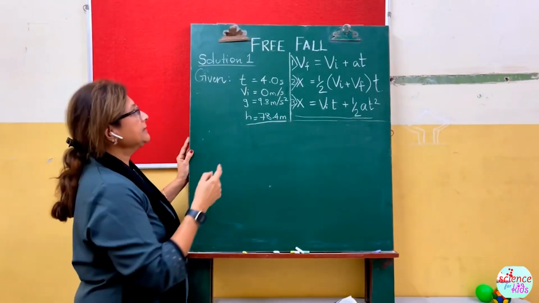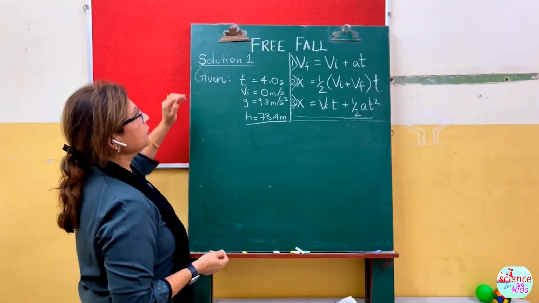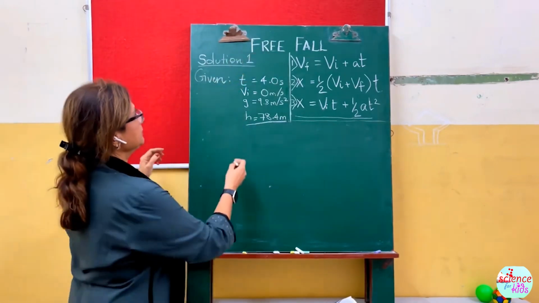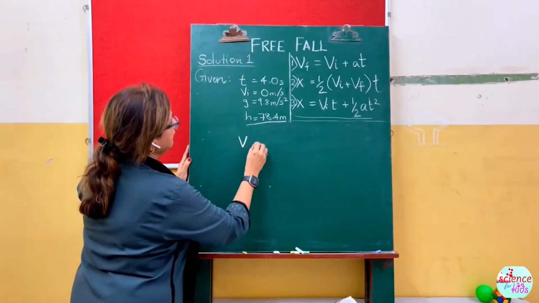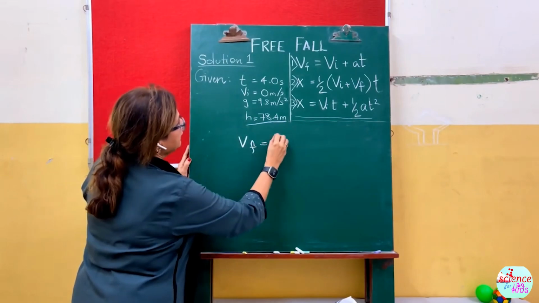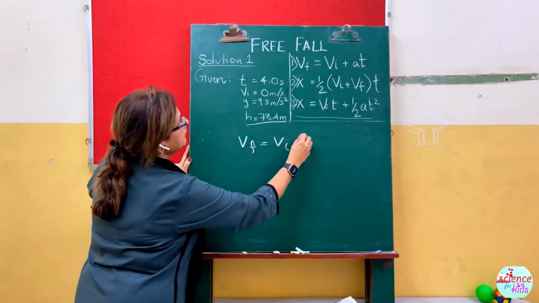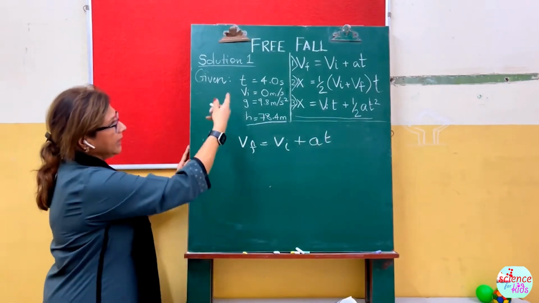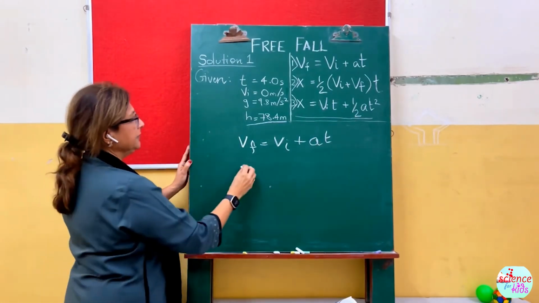Now the other thing they are asking is the final velocity. For final velocity, we have to use equation number 1. So let's write it again. Final velocity is equal to initial velocity plus at. So again we just have to plug in the information.